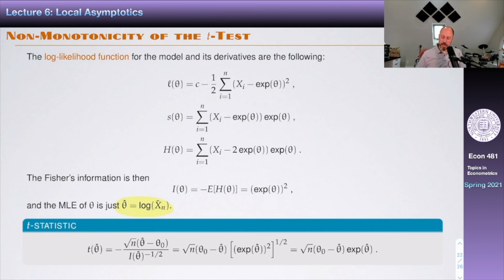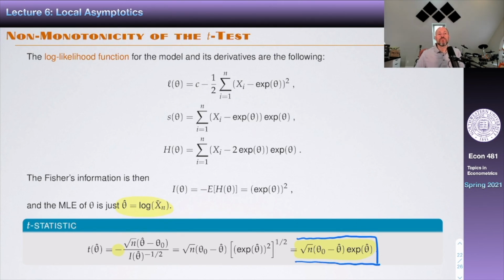We know what that is; the square root is just this exponent. So the t-statistic is square root n times theta naught minus theta hat, times the exponent of theta hat. Remember that the negative here is just used to flip the order of theta naught and theta hat. This is the formula that I want. This is the t-statistic. It depends on theta hat.